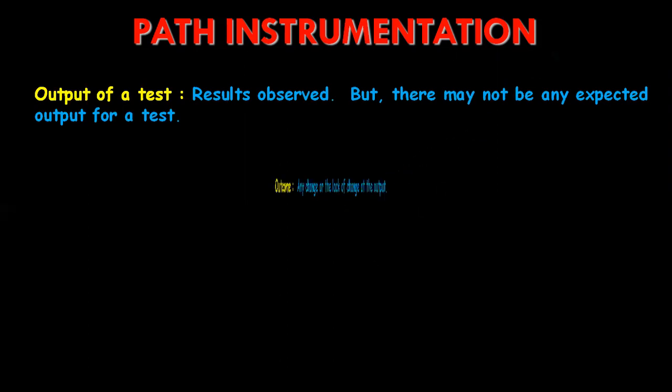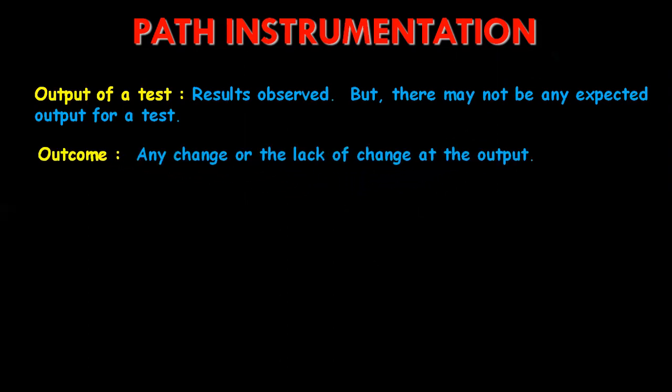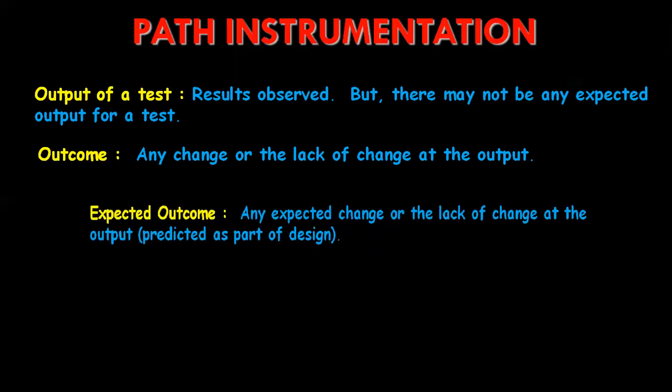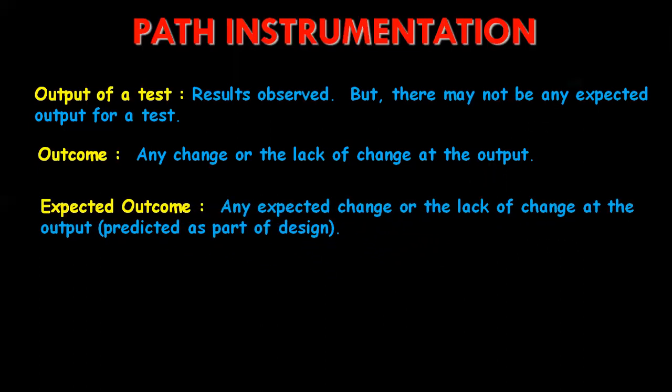And here the outcome will be any changes or the lack of changes at that particular output. Any expected changes or lack of changes at that output, we call them the expected output. And actual outcomes are the observed outcomes.